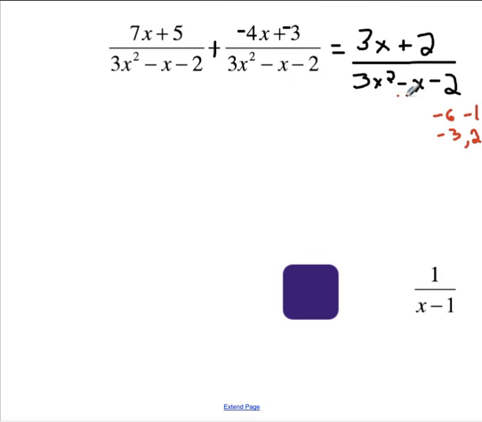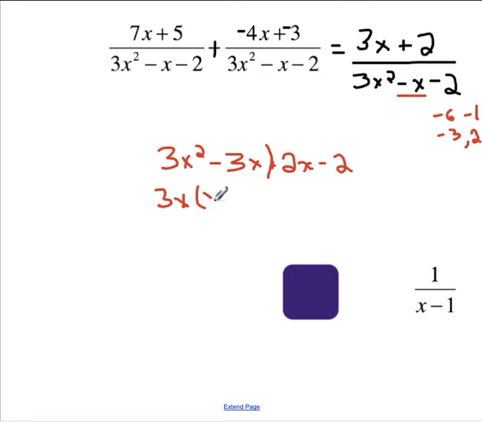So we rewrite the middle term. It becomes 3x squared minus 3x plus 2x minus 2. We cut it in half. We look at the first two terms. We can factor out a 3x.